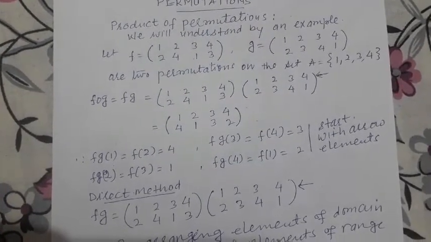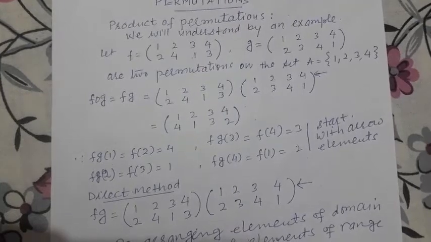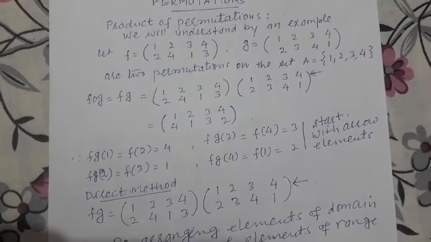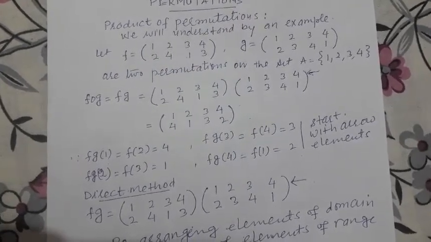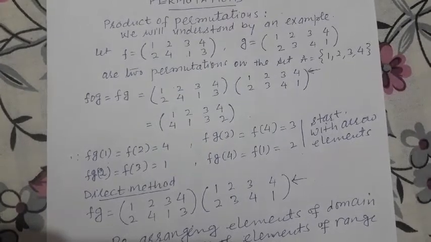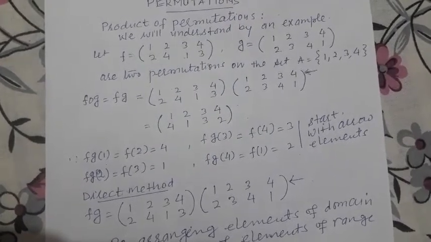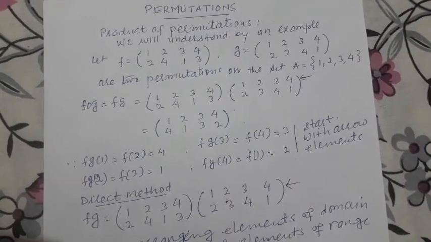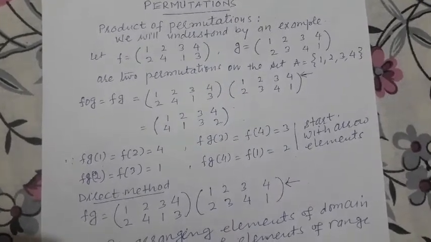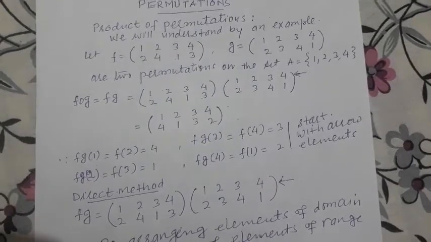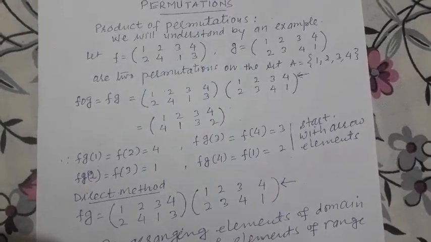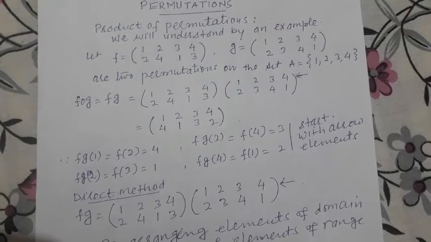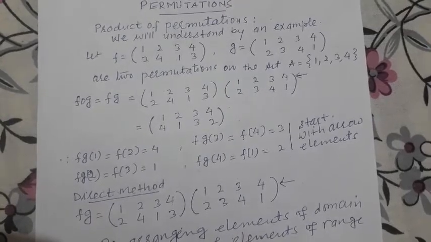Let f be a permutation on 1, 2, 3, 4 with images 2, 4, 1, 3, and g be another permutation on the set 1, 2, 3, 4 with images 2, 3, 4, 1. These are two permutations on the set containing the first four natural numbers.